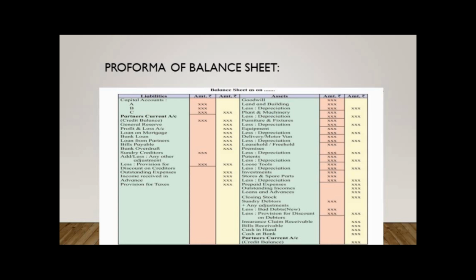Now this is the final stage of final account. After doing posting and adjustment, we will do the total of balance sheet. Here, the balance sheet should tally. If our balance sheet tallies, it means our sum is correct.